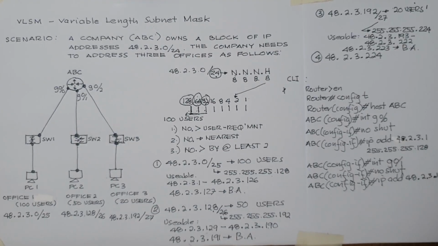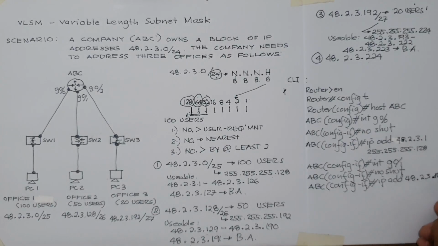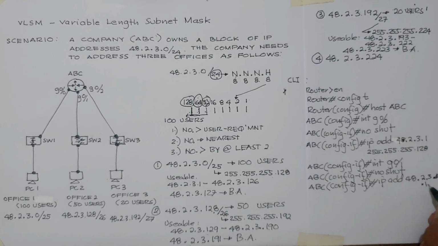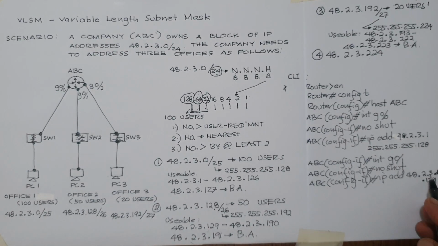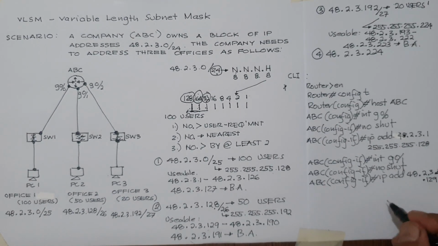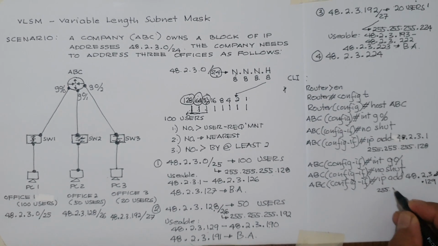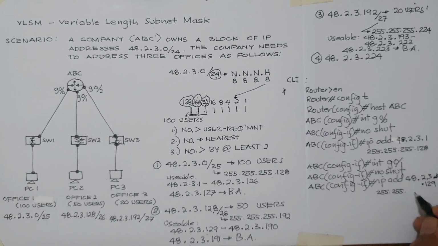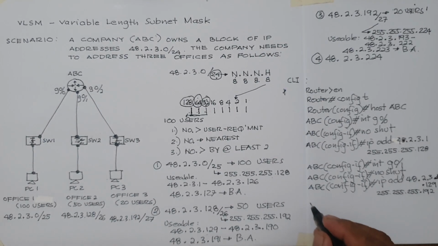There. 48.2.3. You can no longer see that, so I'll just write it here. .129. There. Again, 48.2.3.129. Then space, then the subnet mask 255.255.255.192. There, the subnet mask for Office 2. Then we press enter.